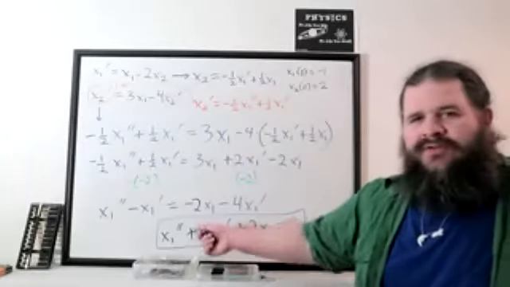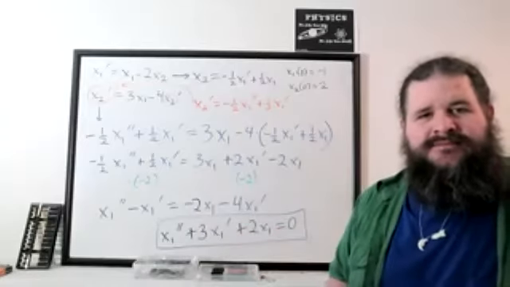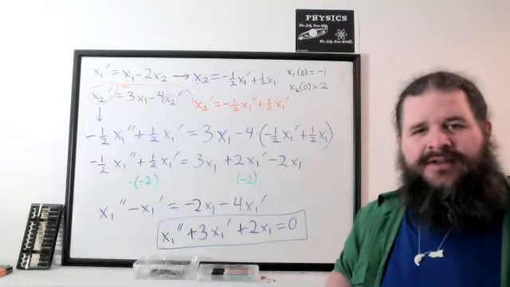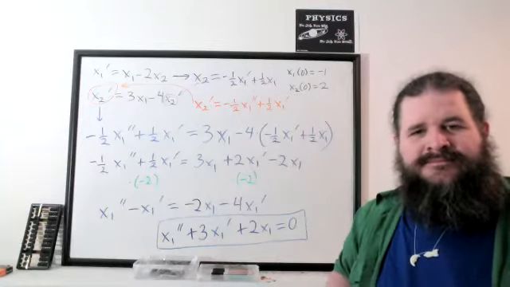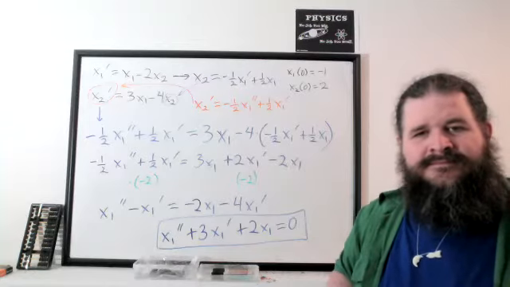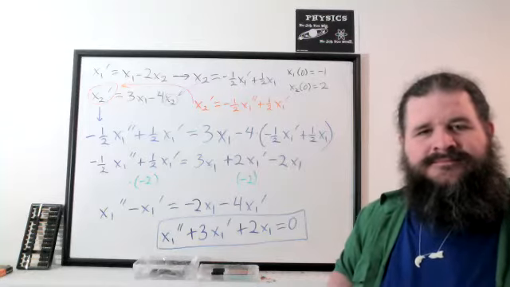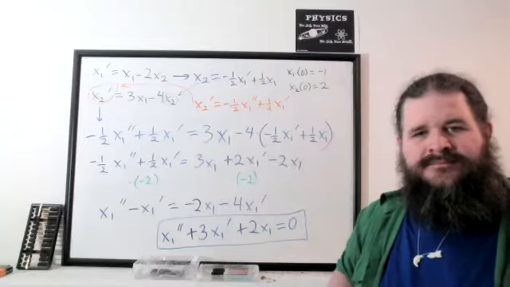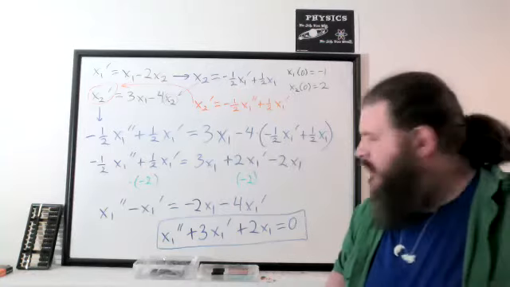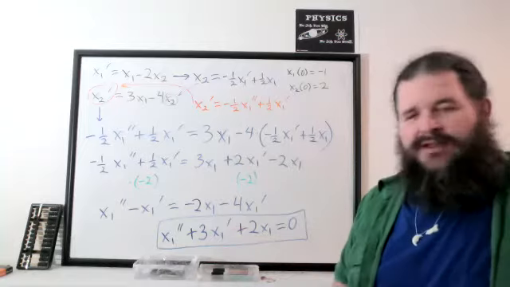And then how would you solve a differential equation like this? Second order equation with constant coefficients, what would you usually do there? Yeah, we can make a guess, set up a characteristic equation. And what's our usual guess for an equation like this?